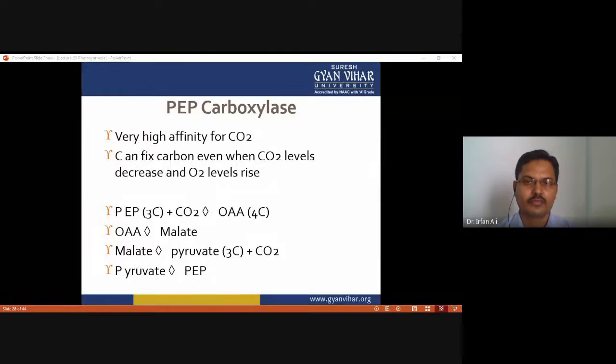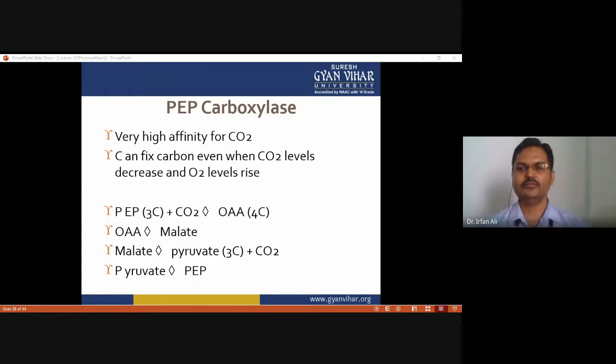So you have to see that now another enzyme comes into existence. This is called PEP carboxylase, phosphoenolpyruvate carboxylase. Till now we have discussed only the enzyme Rubisco, but now this enzyme comes into existence.